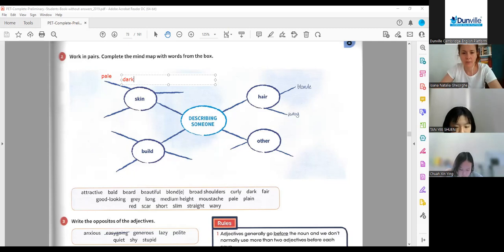Anything else? No, you can also use fair. Fair is like light skin, fair skin, light skin. Okay. What did you write for build, Singing? How someone is built. Broad shoulders, yeah, good. Good looking, yeah.